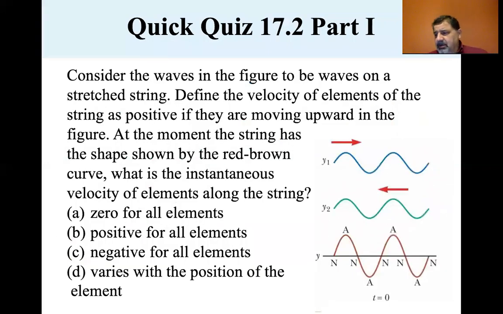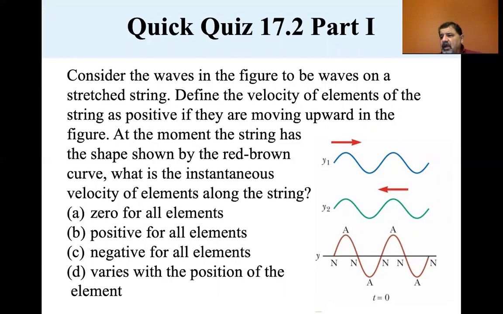Okay, let's go to a little quick quiz. Consider the waves in the figure to be waves on a stretched string. Define the velocity of elements of the string as positive when they are moving upward in the figure. At the moment the string has the shape shown by the red-brown curve, what is the instantaneous velocity of elements along the string?